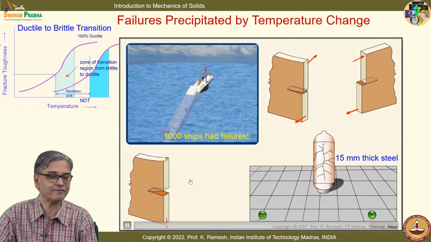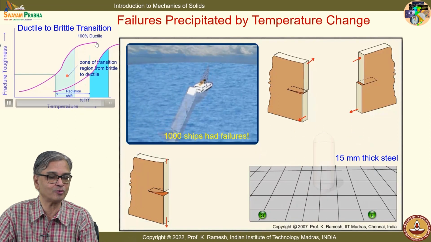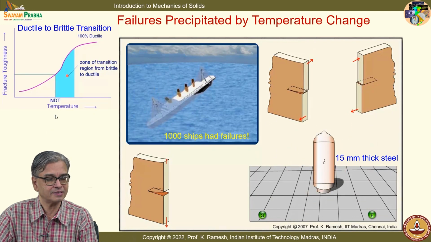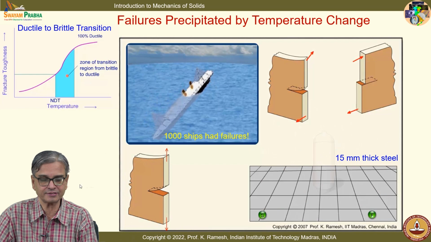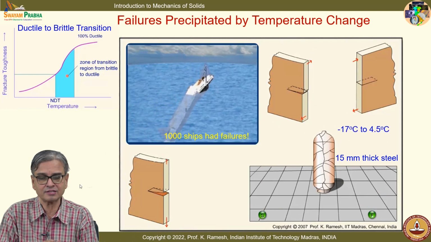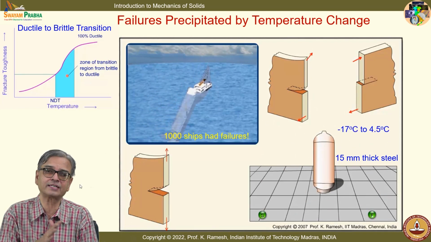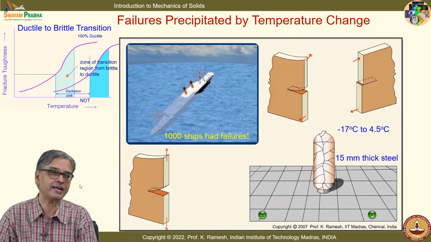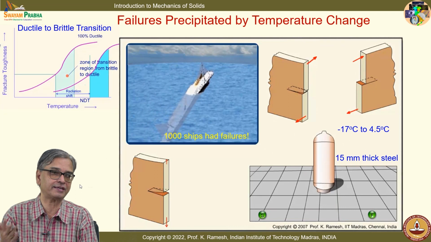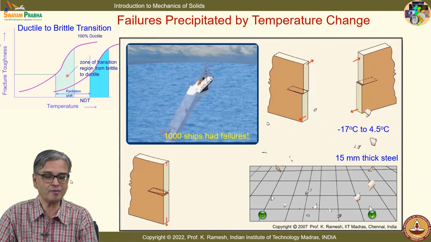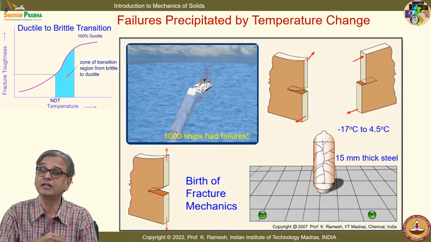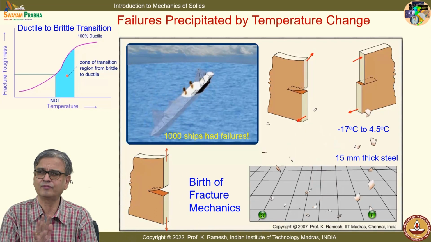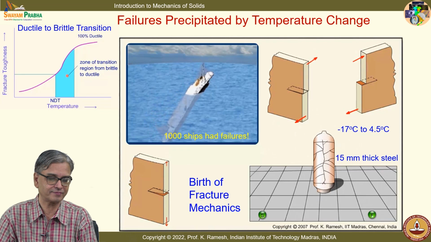And you will probably go and learn in your material science that there is a ductile to brittle transition. It happens at low temperatures, and there was commonality between the two. When the temperature was about 4.5 degrees, the steel gave way and behaved like a brittle material. And this is accommodated with the development of a new set of mechanics called fracture mechanics, fortunately beyond this course.